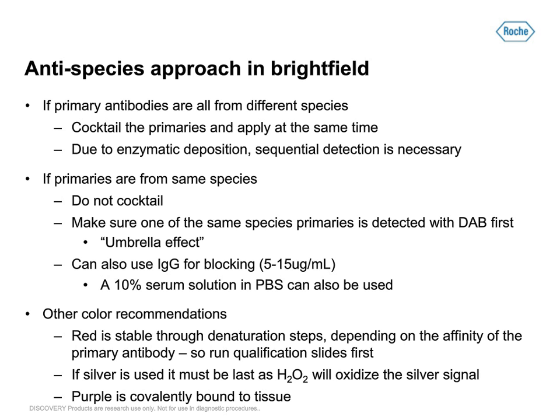If you are going to be using silver detection for IHC, it is oxidizable by hydrogen peroxide, but that is something that, much like Cy5, you just want to take into consideration, and so detect it last. And with the purple detection that we have to offer, it is covalently bound to the tissue, and so once it's on, it's on. You don't have to worry about any loss in signal or anything like that from your elution techniques.